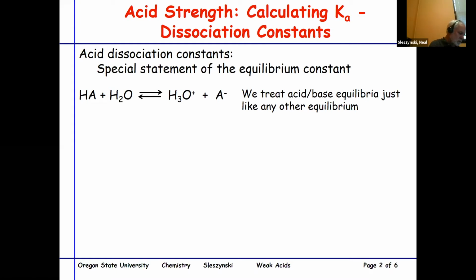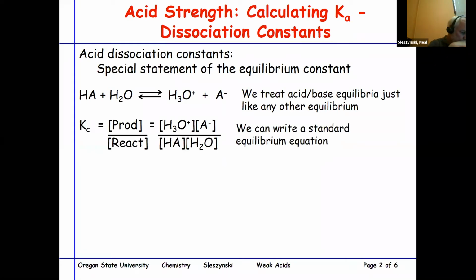We can treat this acid-base equilibria just like any other equilibrium and write an equilibrium constant equation, which is going to be the amount of product that we've produced over the amount of reactant. If we go ahead and substitute in the acid-base reaction shown above, we see that Kc equals the hydronium ion concentration times the conjugate base concentration divided by the undissociated weak acid HA and water.